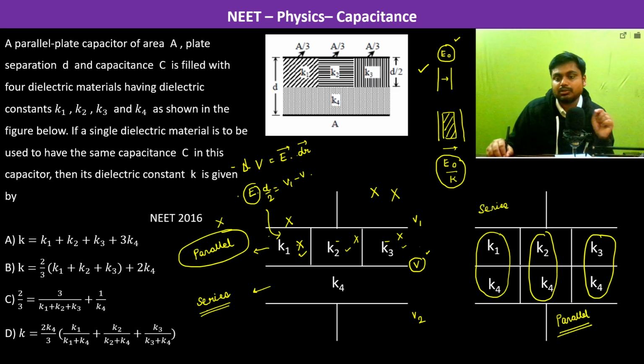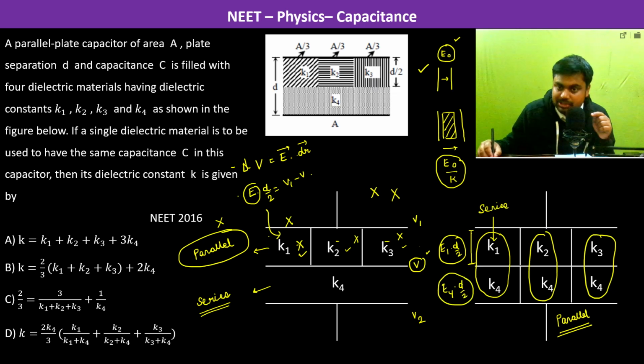Now why can we take this? Let us say E1 is the electric field, so E1 into d by 2, and here the electric field is E4, so E4 into d by 2. This is the change in potential.